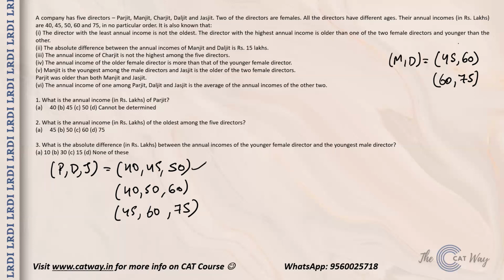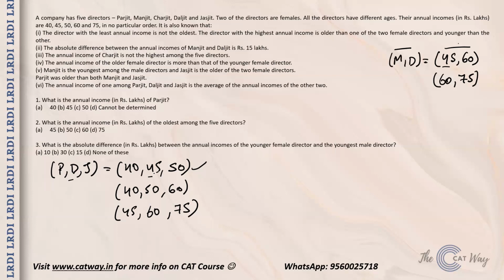If this is the first case, you know that between M and D, one is 45 and the other is 60. Now because D is available in both the places, D will be equal to 45. If D is 45, then M is equal to 60.